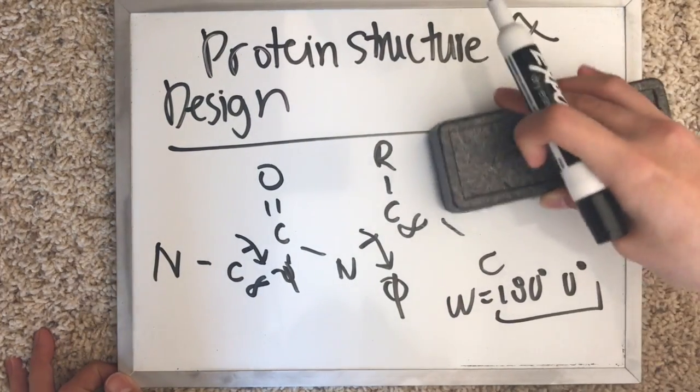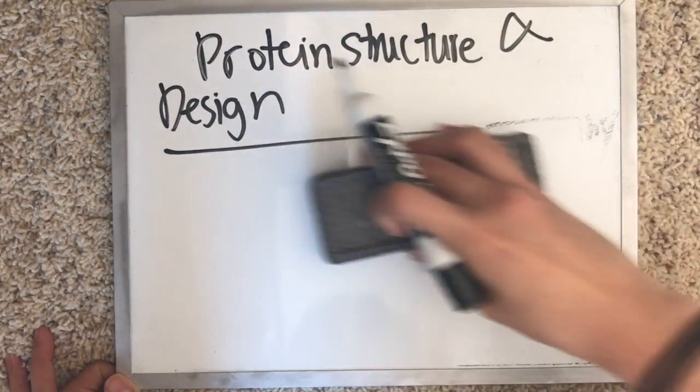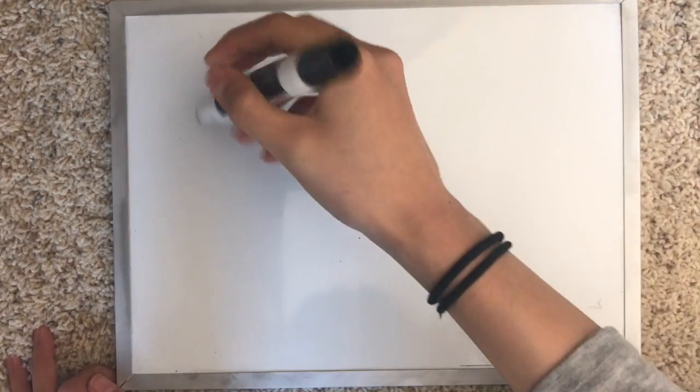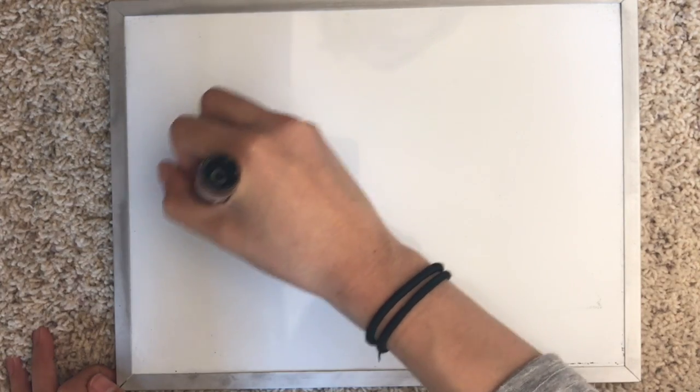So this is more usefully represented in a planar peptide representation. A planar peptide representation is when you form a plane from these atoms.